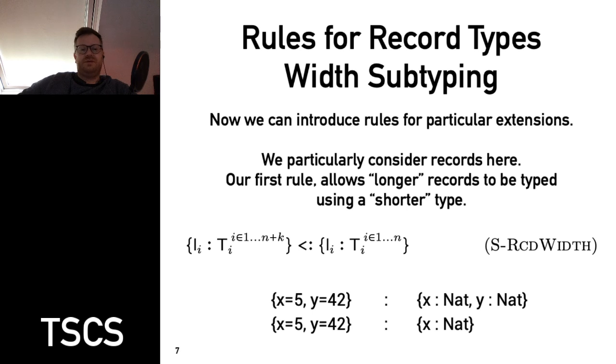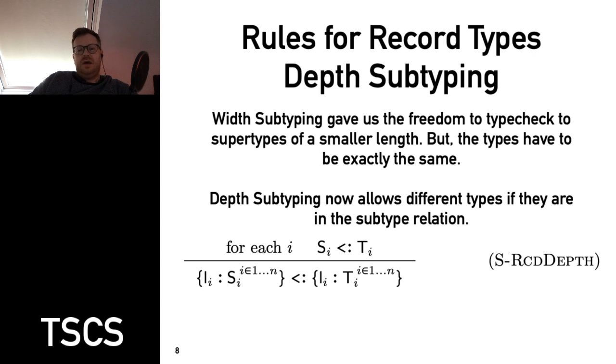That would also work. If you've defined it now for the width of the record, so how long it goes, you can also go into the record and do so-called depth subtyping.